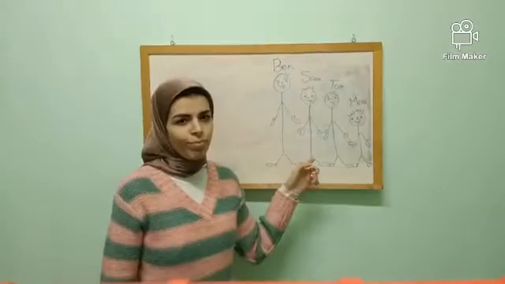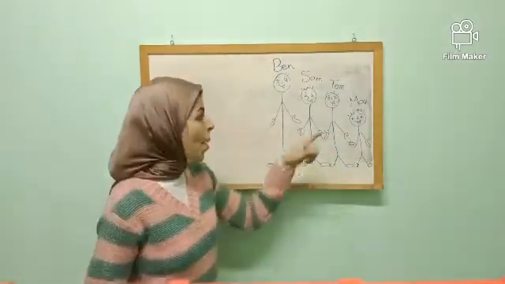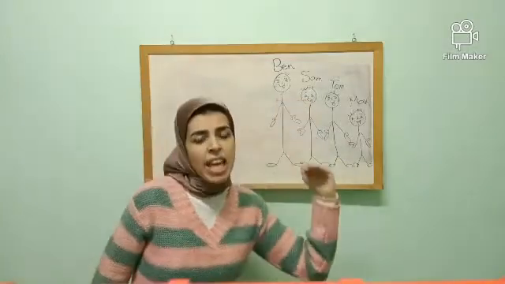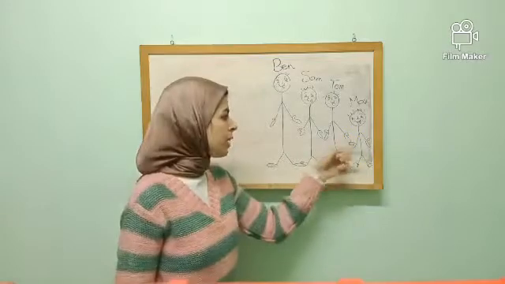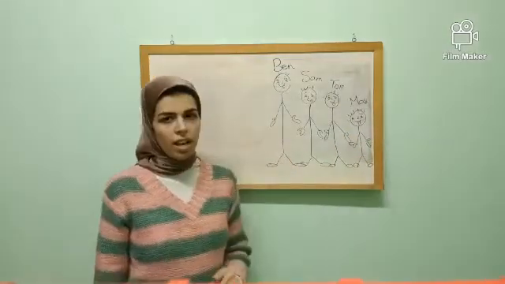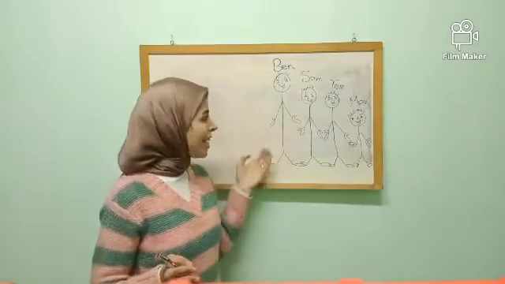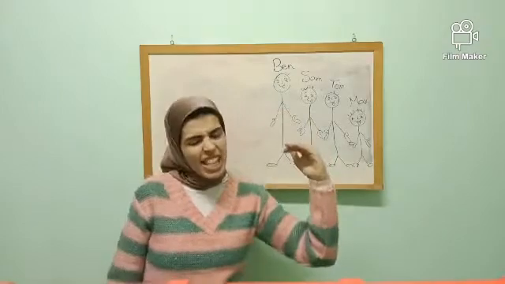Is it Sam? It's Max, of course. Yeah, Max is the shortest one. And again here, I'm comparing between one and many. So, Ben is the tallest and Max is the shortest.